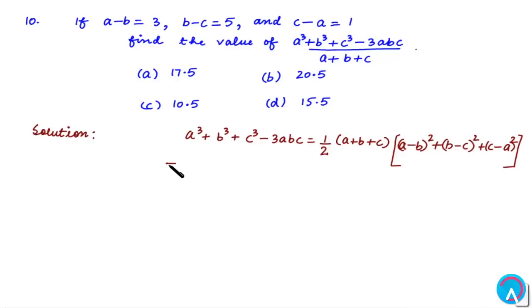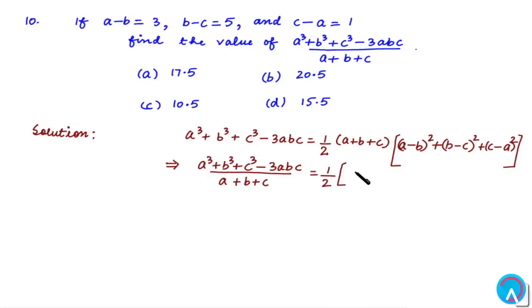So from this formula, simplifying it further, we can bring this a plus b plus c to the LHS. Then we will have a cube plus b cube plus c cube minus 3abc divided by a plus b plus c is equal to 1 by 2.